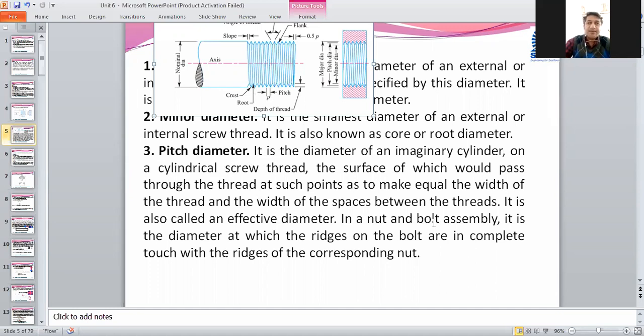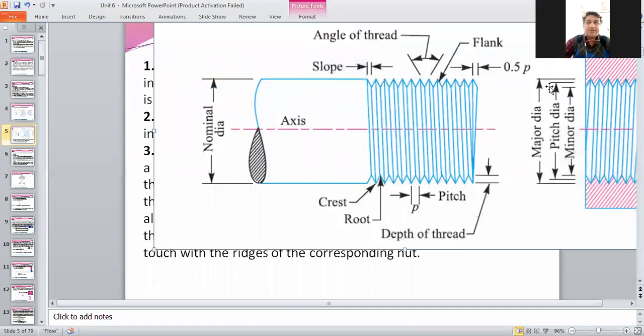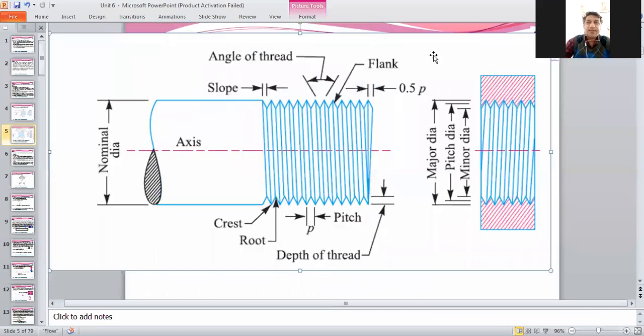In the nut and bolt assembly, it is the diameter at which the threads on the bolt are in complete touch with the threads of the corresponding nut. At the top, it may not be guaranteed that the crest of the outer thread is in contact with the root of the inner part of the nut.